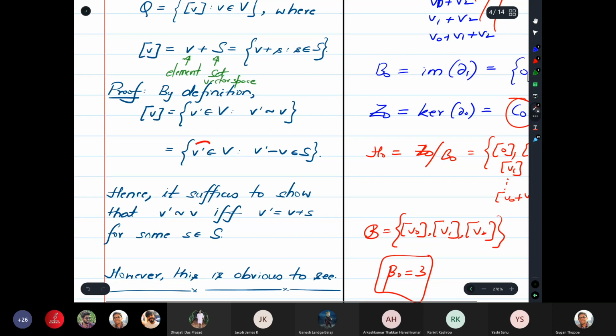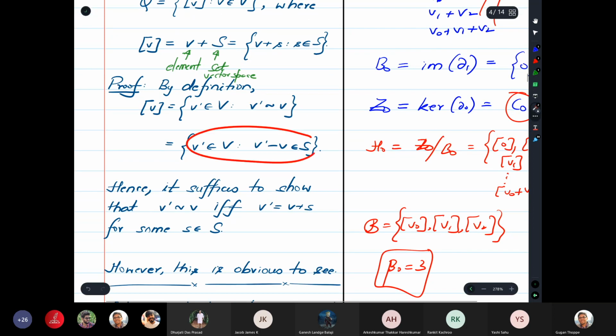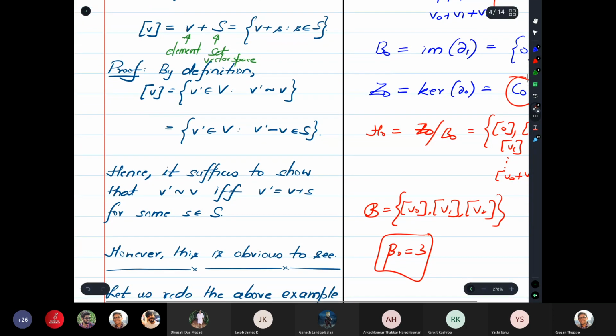Well, it's the collection of all V prime in capital V such that V and V prime are equivalent, and equivalent means that their difference lies in the subspace S, right? So all that we need to show is that this set and this set are one and the same. Okay, so that is what our goal is, right?